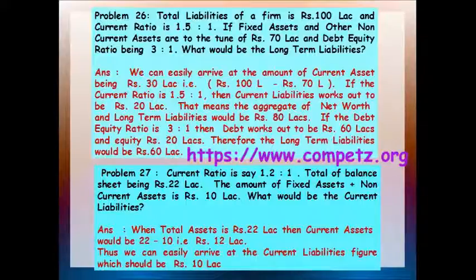So friends, it can also be arrived at. When your entire total assets, your total balance sheet, is 22 lakhs, then your current assets would be 22 minus your fixed assets and non-current assets, that is 10 lakhs. So you will get INR 12 lakhs. Thus we can easily arrive at the current liabilities figure, which should be INR 10 lakhs.